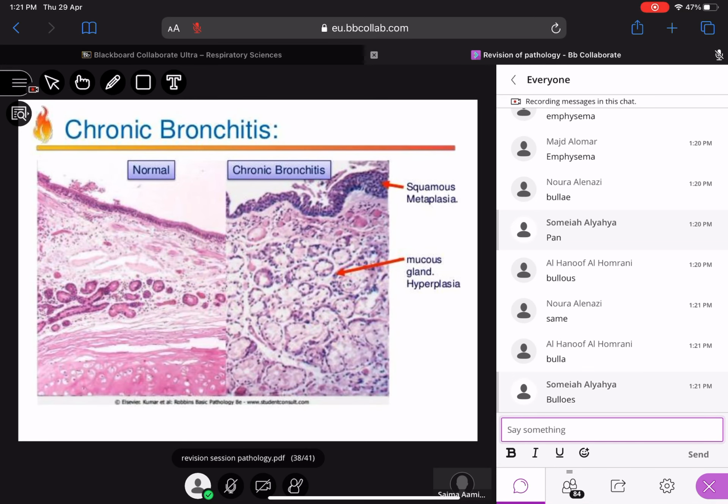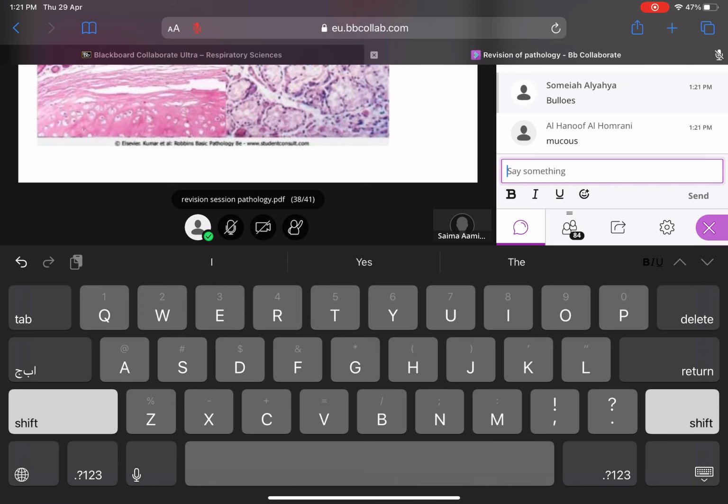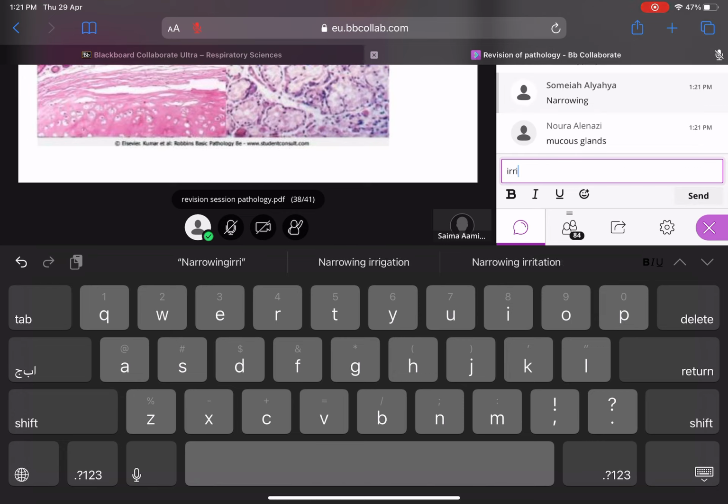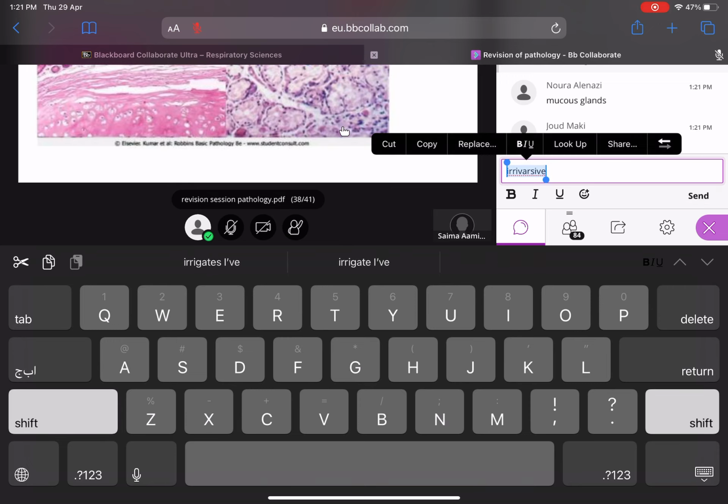Okay, so what is the classic microscopic feature of chronic bronchitis? Yes, increase in the submucosal glands, or increase in the Reid index. Remember the Reid index, the ratio of the thickness of the submucosal gland to the thickness of the wall, it is increased. Exactly.